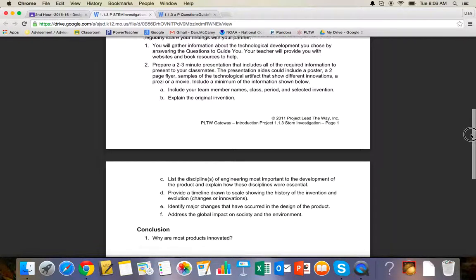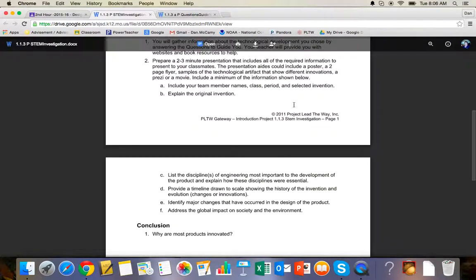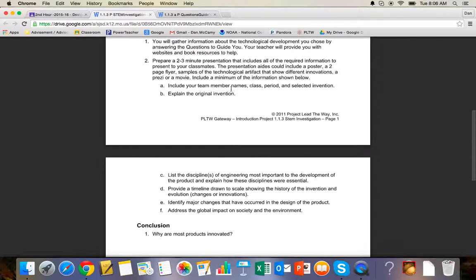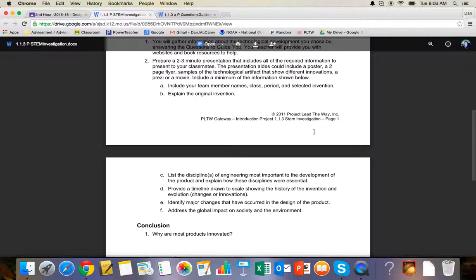You can see some of the different requirements. When you're making a Prezi or a PowerPoint, which, like I say, PowerPoint is probably the easiest and most convenient in our classroom, make sure that you have a couple different things.